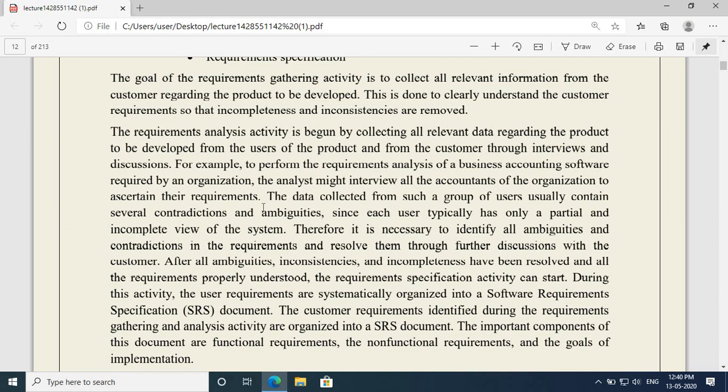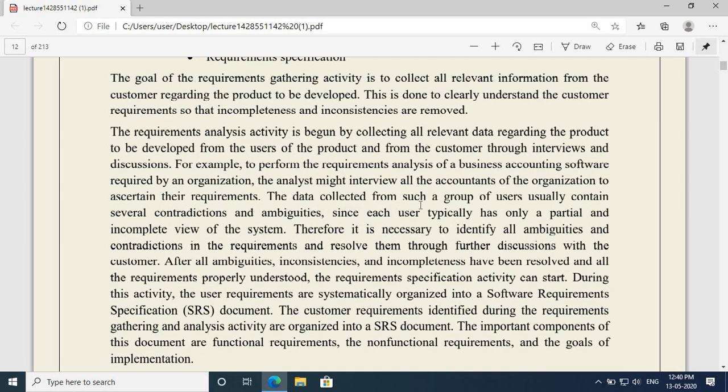For example, we develop a business accounting software, so the development team must go to the accountants, the clerk side, and ask them what the clerks need. Whatever system they run on pen and paper must be computerized, so the development team must go to the accountant staff, meaning clerk staff, and collect their need and maintain it in a specified document. That document is known as the SRS document.